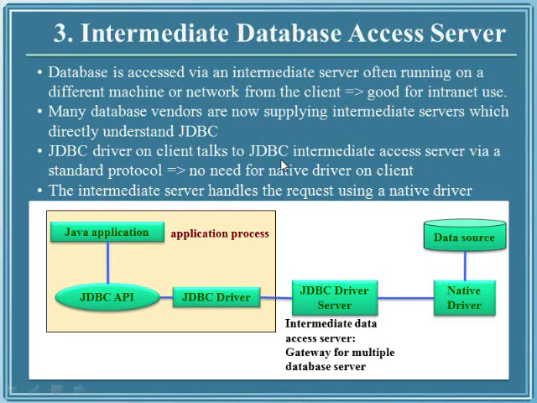What is the advantage? You can have one server and 100 applications, all of them communicating with that one. You send the request to this intermediate server, that will make the connection and take care of the other part. So it's like a proxy in between.